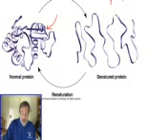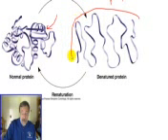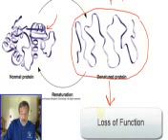And what that does is break down those interactions, which causes the protein to denature or completely change its shape. And when it changes its shape, it has no function.